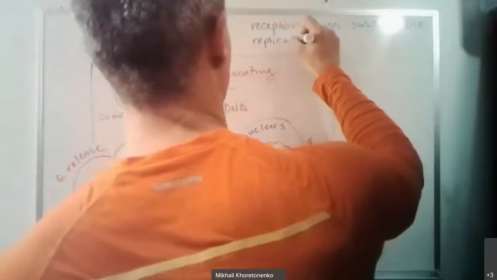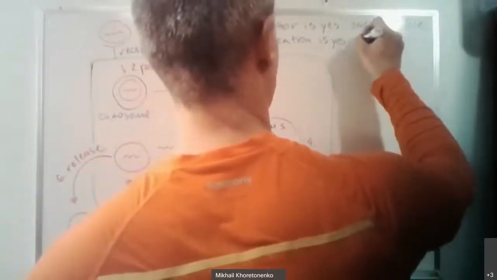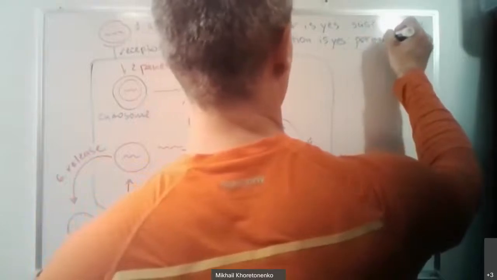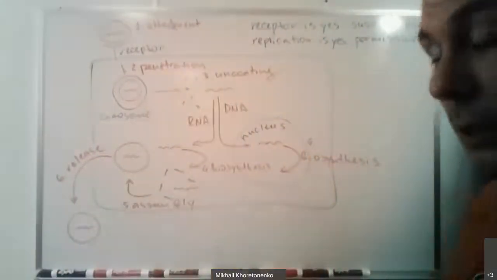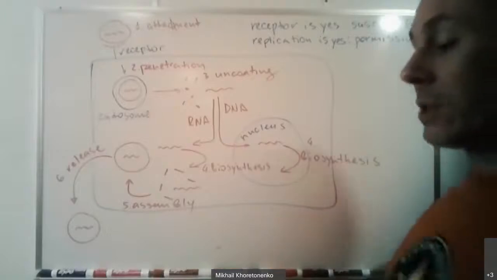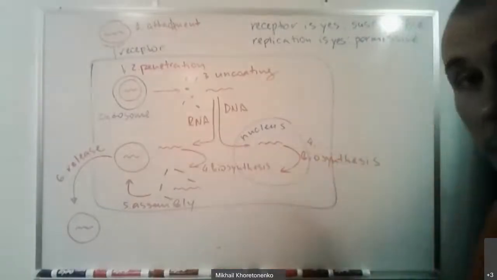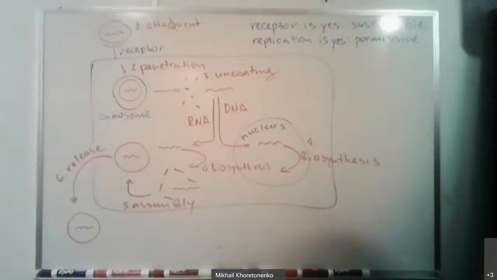If the virus can replicate, cells are called permissive. Same example, human cells are permissive for poliovirus replication. Interestingly enough, mouse cells are permissive too. If you can somehow stick the virus into a mouse cell, it will replicate in there, but it can't get in.